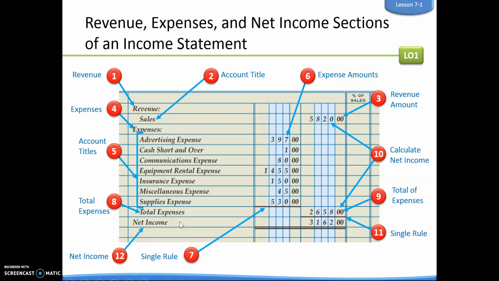It could be net loss if that happens to be so. We put our amount for net income, and then we double rule across both columns. And that's the formatting for an income statement. Again, refer back to this slide if you need to get the correct formatting, because this is very important that you get it in the right columns, that you remember to rule correctly. Also note that the account titles are indented slightly to allow us to easily see revenue, expenses, and net income.